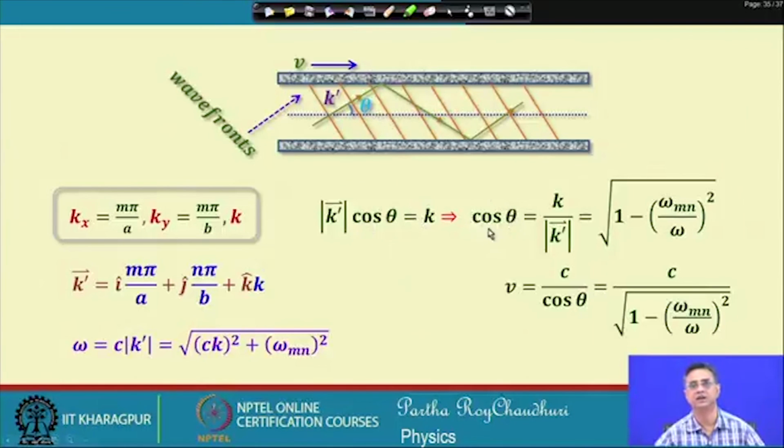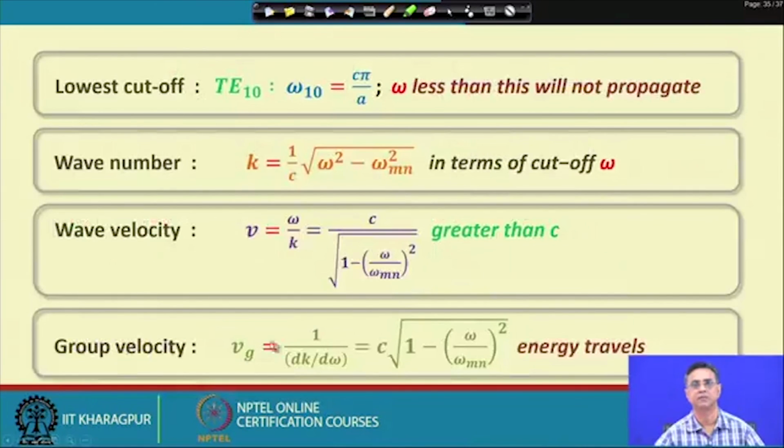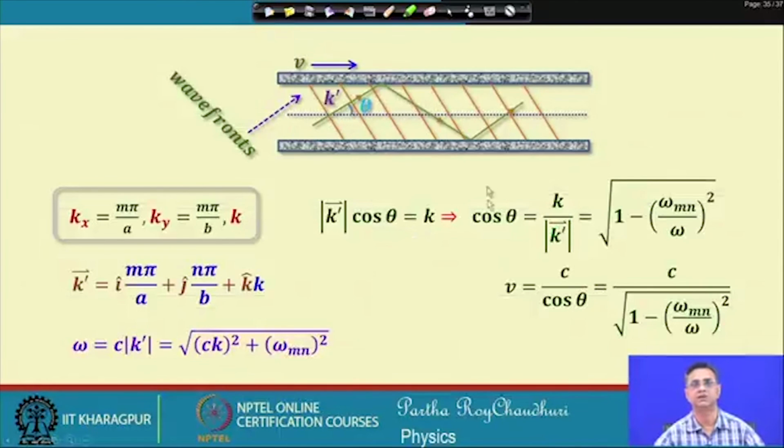So, we can calculate the cosine of the angle that the wave makes with the incident and reflected waves, which gives v equal to c by cosine theta, and this is the velocity with which the energy actually travels in this direction. So, this is the group velocity, the velocity of energy travel, whereas v is the phase velocity of the wave which is along this direction.